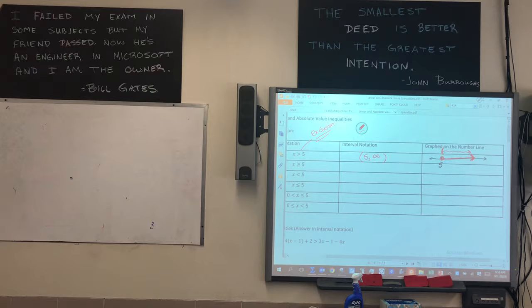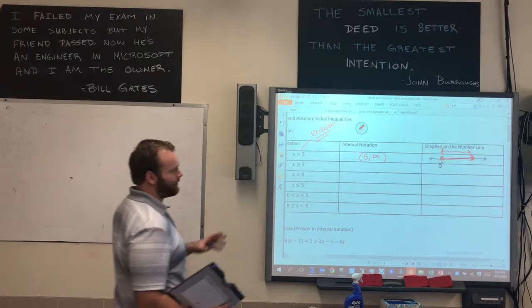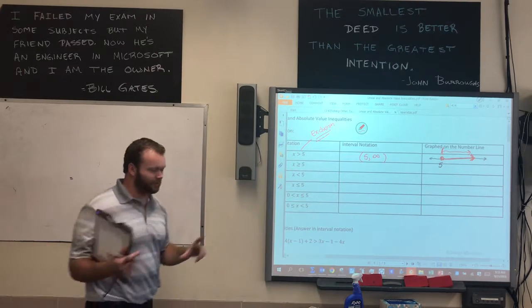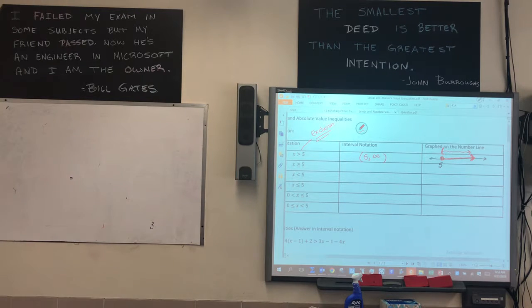Something we talk about in this class is that infinity is not a number. Infinity is an idea, okay? However, the way we interpret it and deal with it, there are a lot of nice numerical things that we can actually do with that idea, okay? But that's part of calculus. So 5 to infinity, with parentheses around both of those, means we don't include 5, we don't include infinity, okay? Does that kind of make sense?